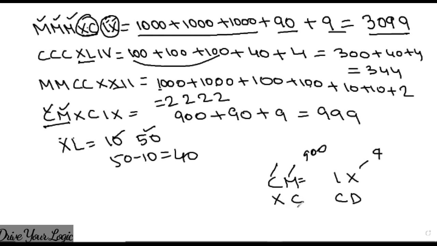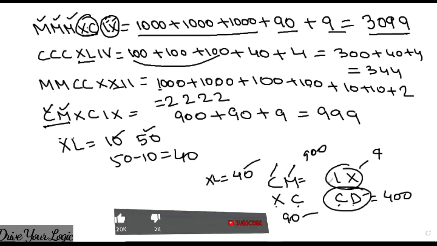XC, that is 100 minus 10, 90. CD, that is 500 minus 100, 400. Then XL, 50 minus 10, 40. So these few numbers, symbols, you have to remember.